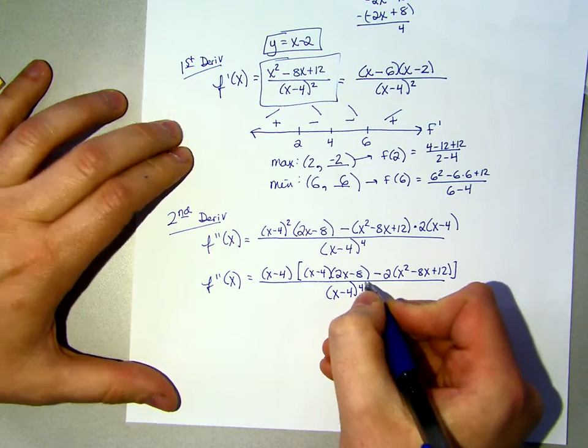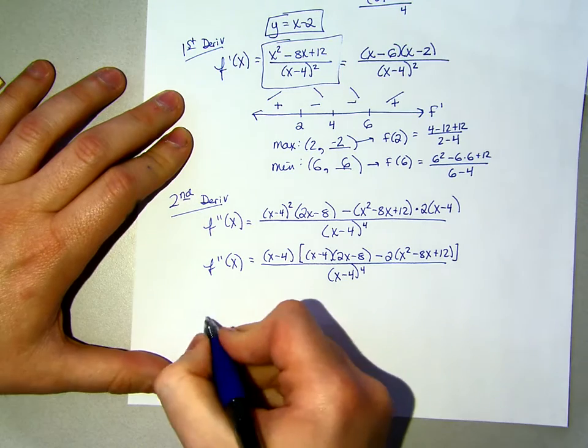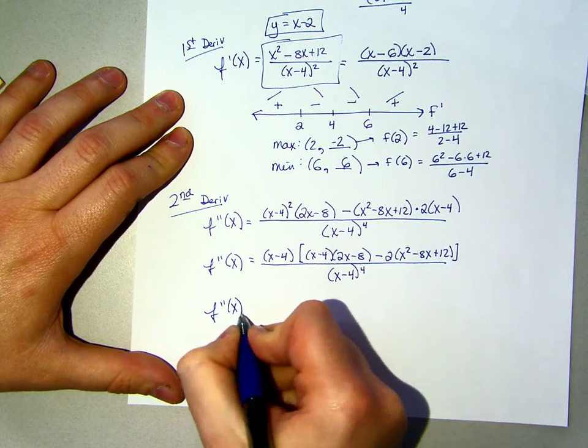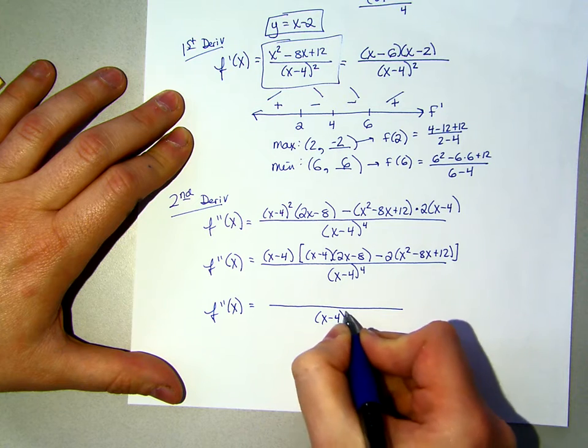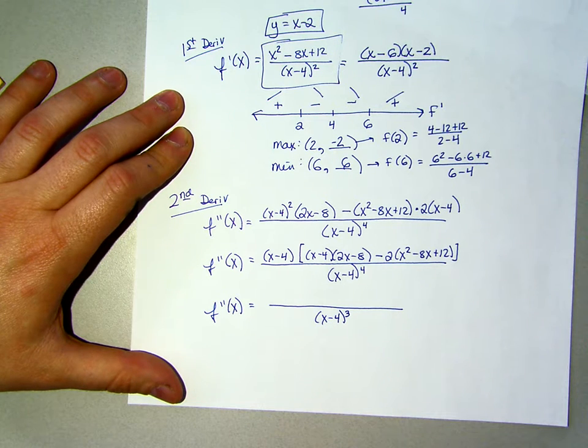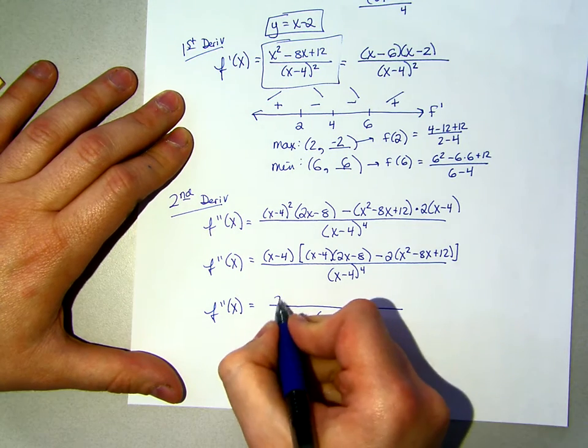So I really hope you factor out an x minus 4, because then we can cancel with one in the denominator and get just x minus 4 cubed there. Then I do see some FOILing and some distributing that I will need to go do.